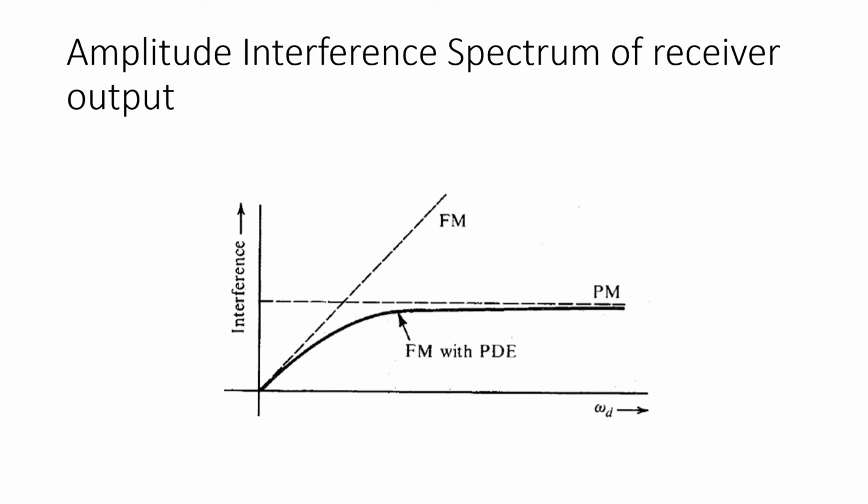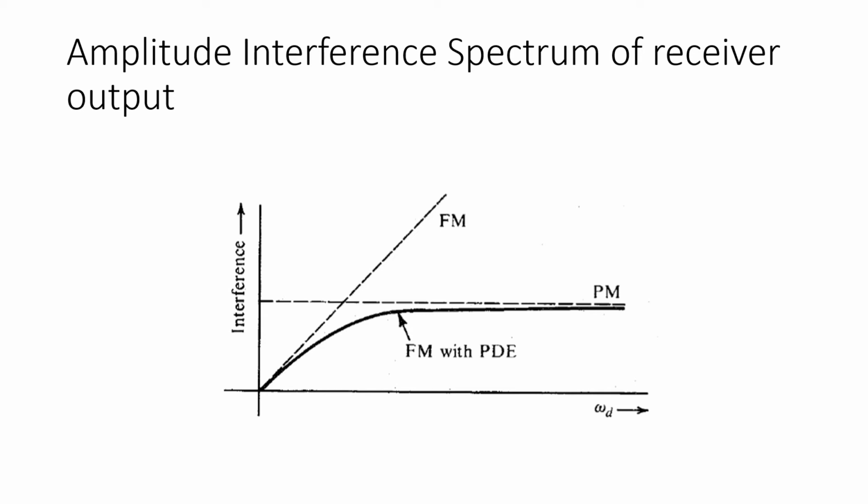This is the amplitude interference spectrum of the receiver output. This plot gives us the idea about the effect of interference on different broadcasting systems. On the x-axis there is frequency, on the y-axis there is interference, and from the plot we can understand that this interference has a constant effect on PM.